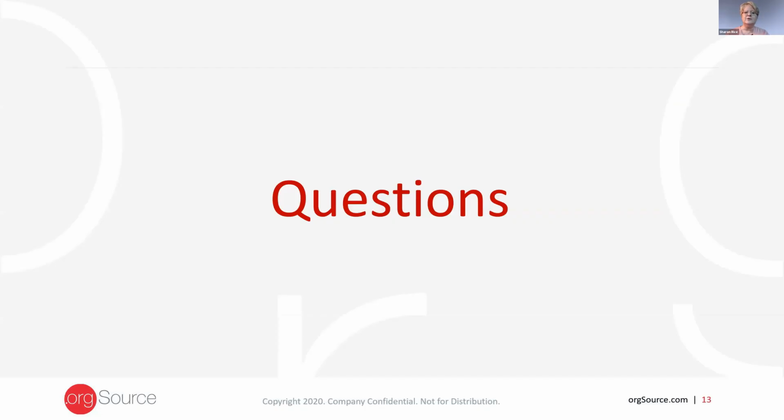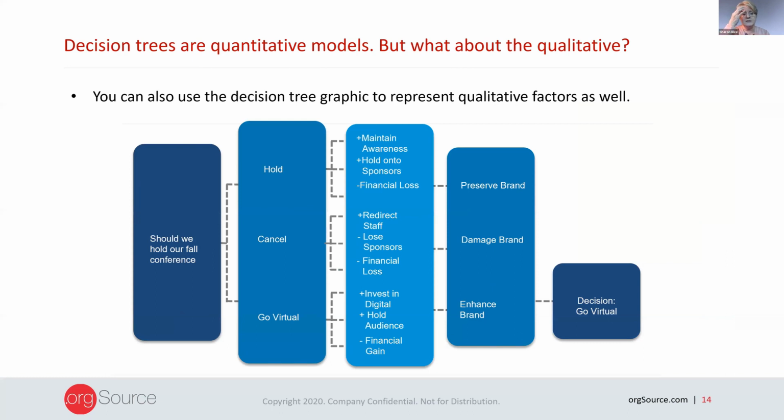All right, so a couple of questions that you asked ahead of time. Decision trees are quantitative models. What about the qualitative? You absolutely can use the decision tree format to document qualitative factors. So, should we hold our fall conference here? Where I put income and expense in my quantitative model, I put pluses and minuses here for holding it.